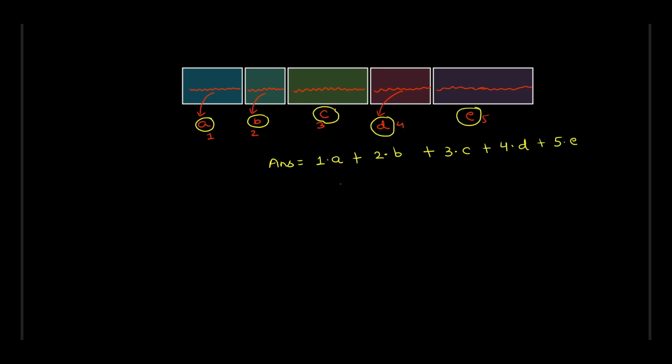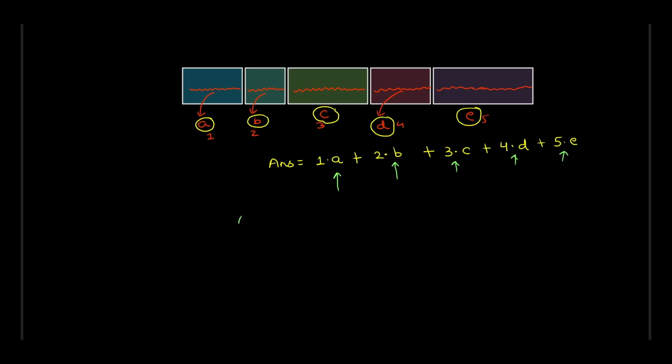There are five terms: one A, 2B, C, D, and E. You can see that this has B 2 times, this has C 3 times, this has D 4 times, E 5 times. So can I borrow one B, one C, one D, and one E from here? Yes, I can, because they have more than one.